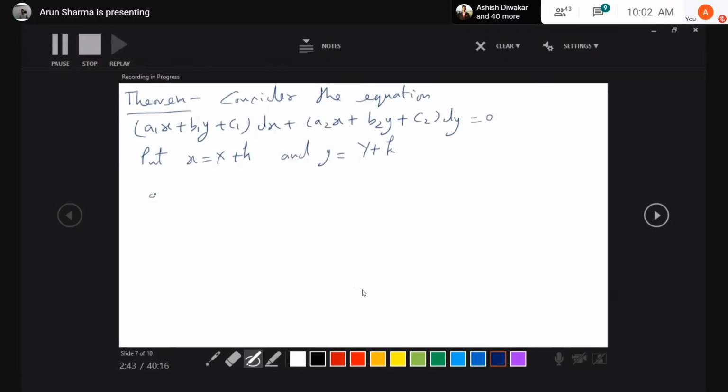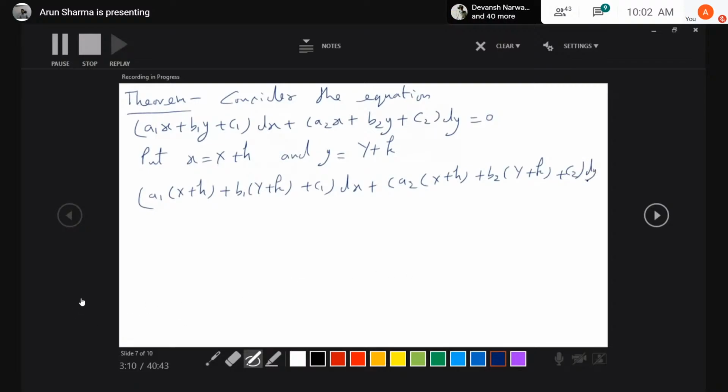This is a1 (X plus h) plus b1 (Y plus k) plus c1 dx plus a2 (X plus h) plus b2 (Y plus k) plus c2 dy equals to 0.